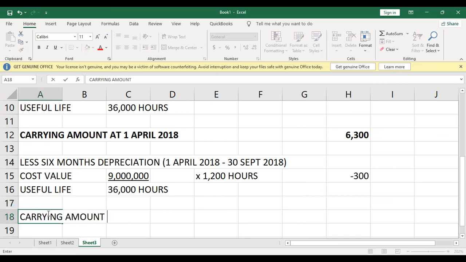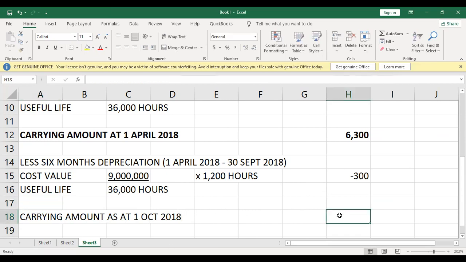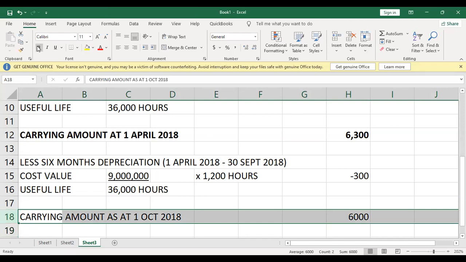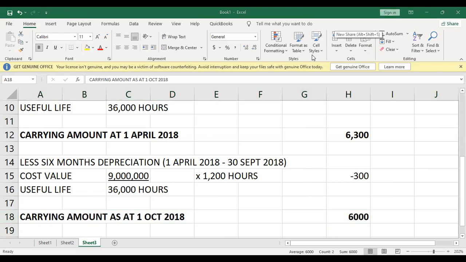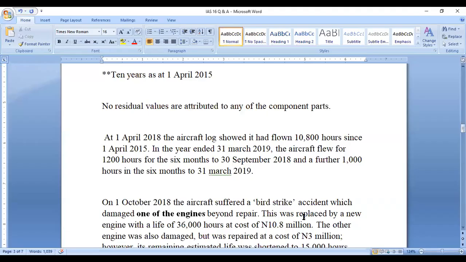The carrying amount as at 1st October 2018. So this is the value of the asset that was damaged. So back to our question. Let's see what was said.